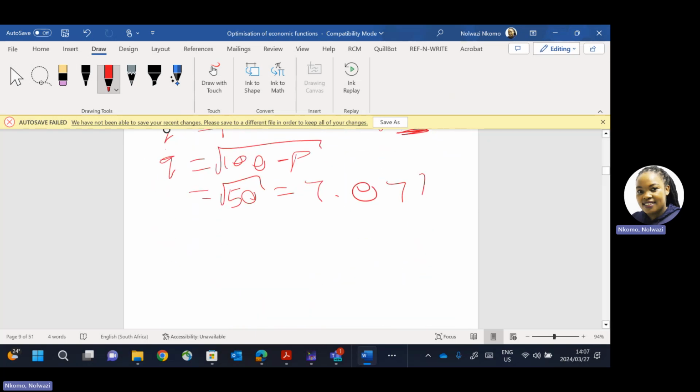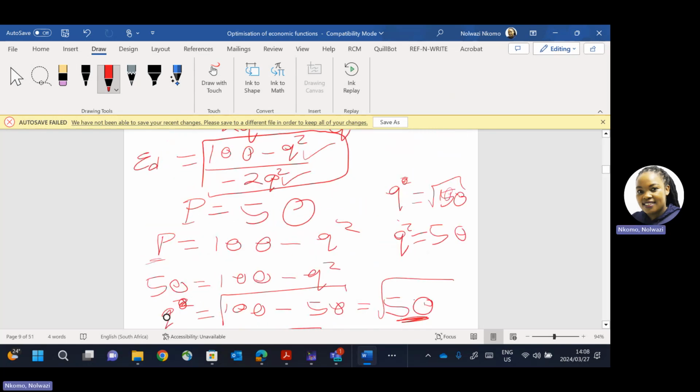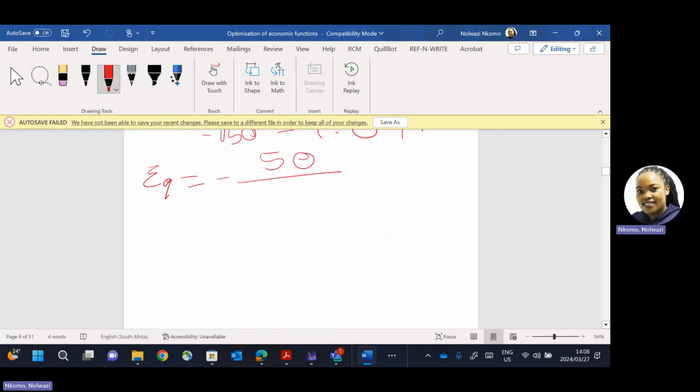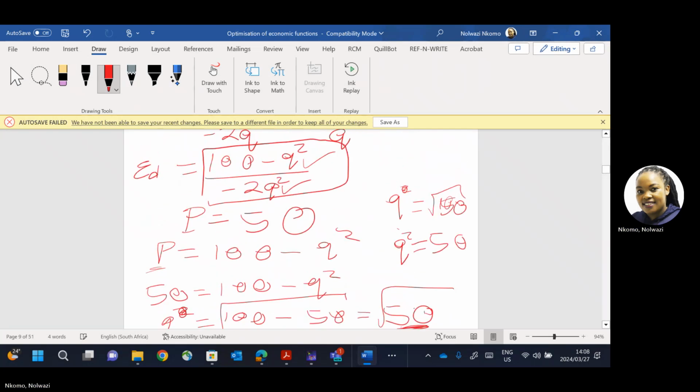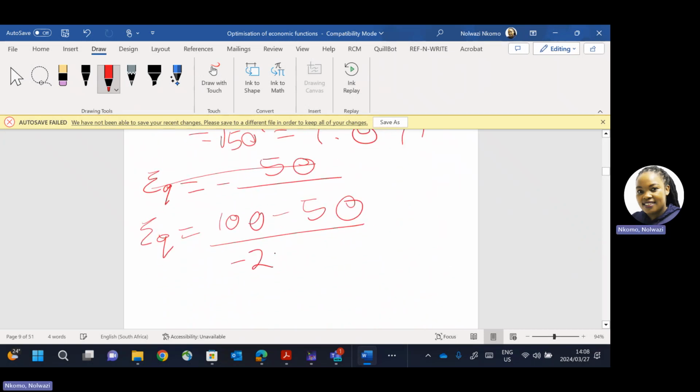So this means we'll have the point elasticity as 50 over, okay, it's 100 minus 50, over minus 2 times 50.